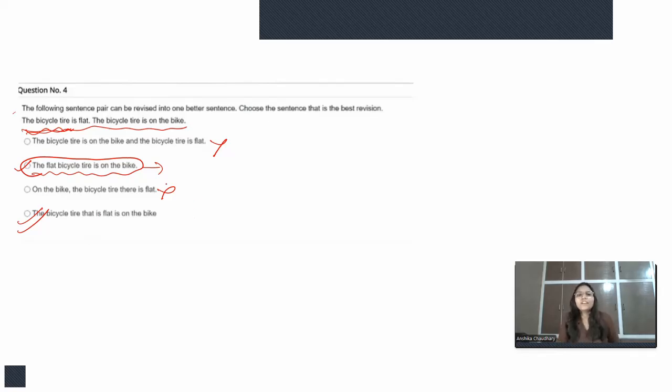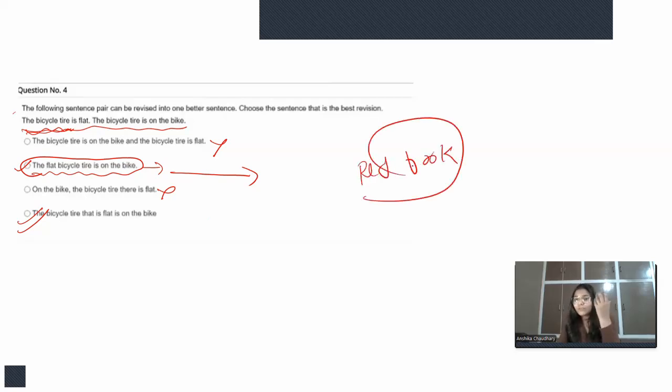For example, if I use option B as the correct option, it would show some kind of ambiguity. For example, if I say, give me the red book, maybe the red book may be the title of some book, right? Red Book can be the title of any book, or maybe I'm talking about that book which is in red color and is lying on the table or something like that.